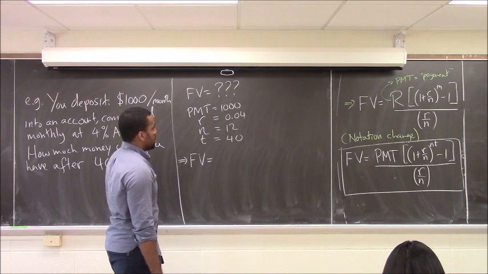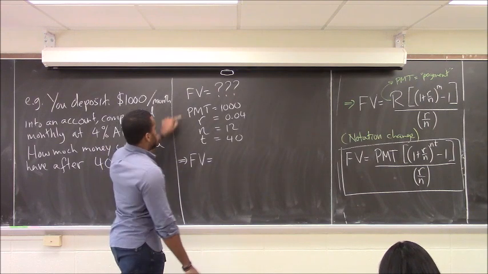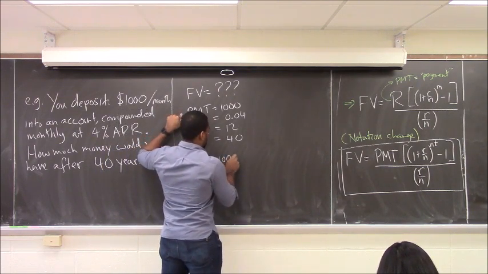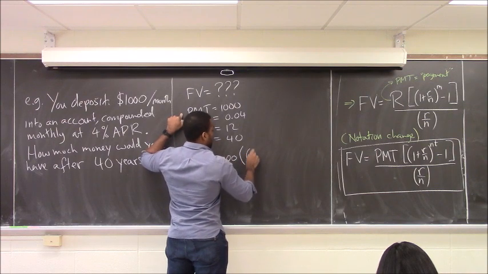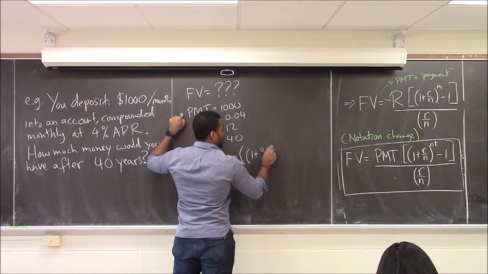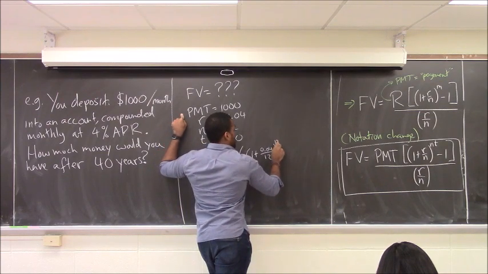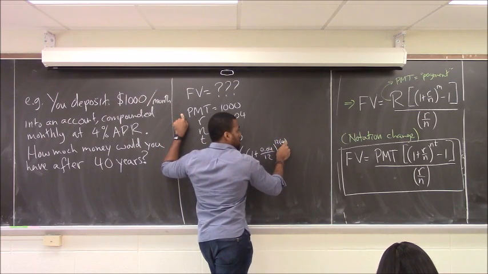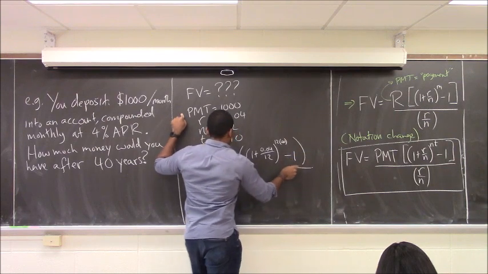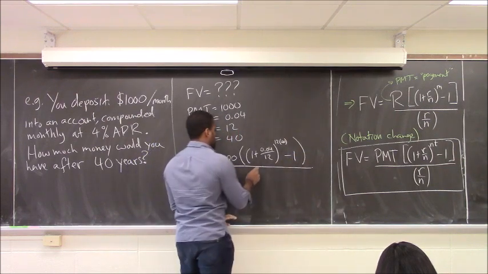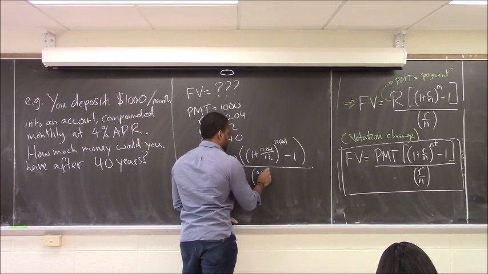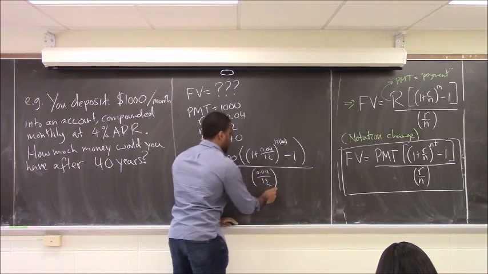So your FV is going to be equal to the payment, 1,000, times 1 plus 0.04 over 12, raised to the 12 times 40, minus 1, over 0.04 over 12.